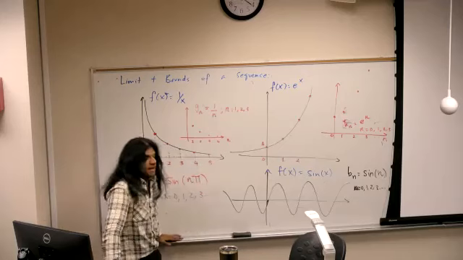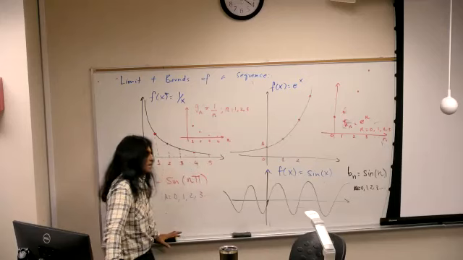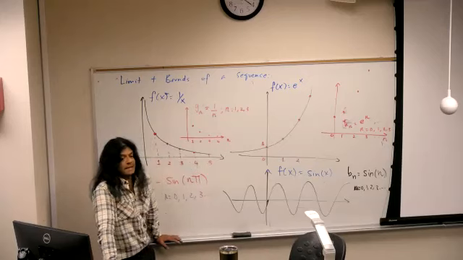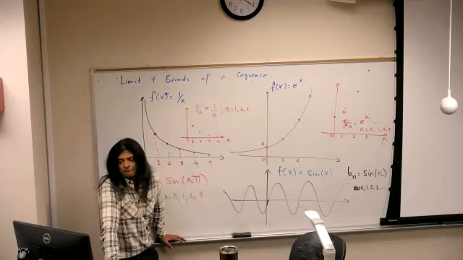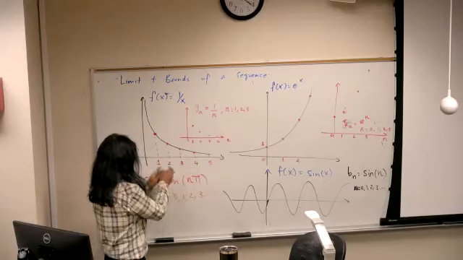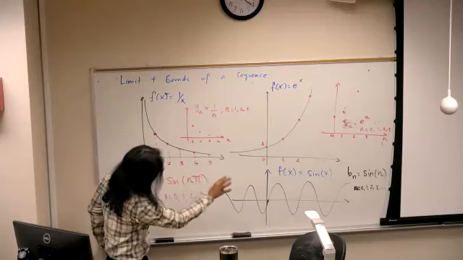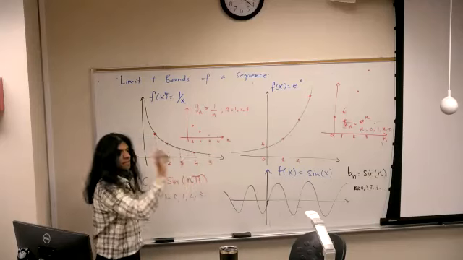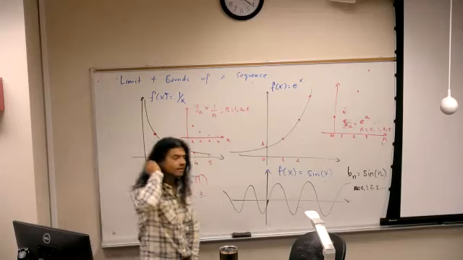So n is going to start at 0, and I would like to know which points I am picking from that function. As I vary n, put it in that sequence, I'm going to grab points from that curve.